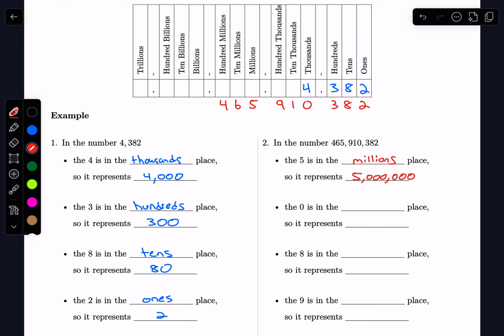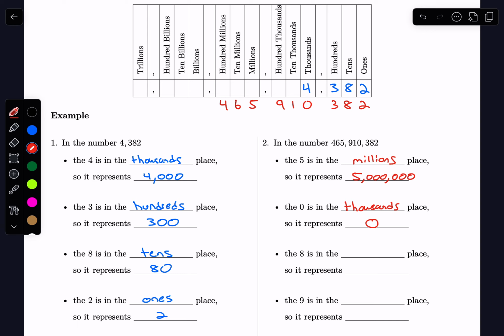The 0 is in the thousands place. So that means it is worth, hey, kind of a trick question. You might think it's worth 0,000, which is true, but 0 times anything is just 0, so it's worth nothing. Technically, we are multiplying 0 times 1,000, but because it's a 0, it's just 0. It's not worth anything.